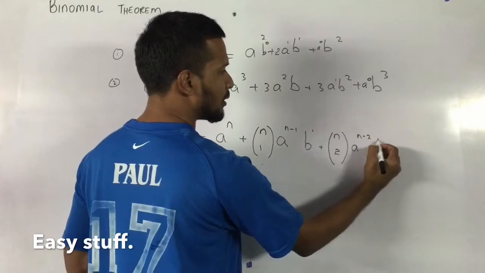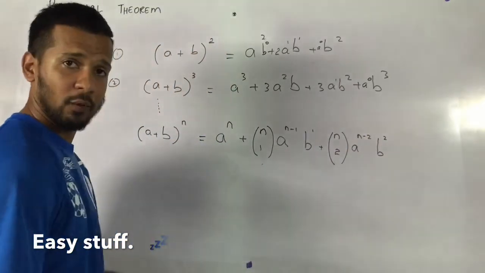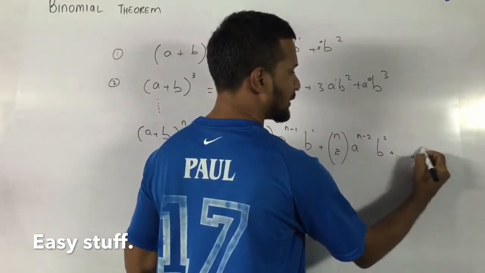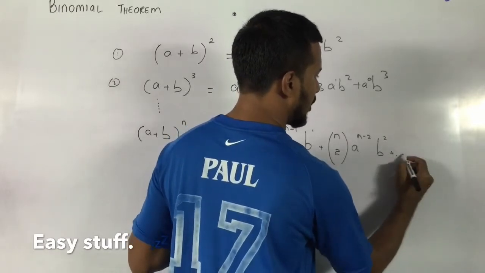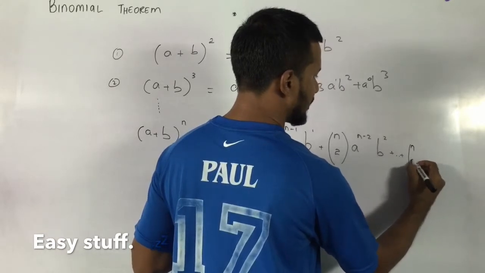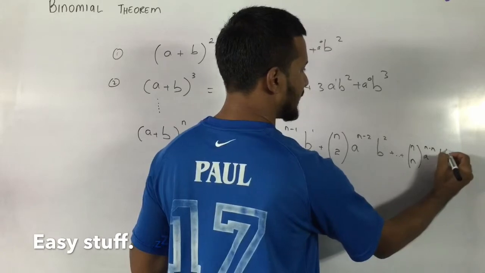This is 1 more, so we write 1 more, which is squared. Okay? And this will continue until we reach the last term, nCn A to the n minus n, B to the n.